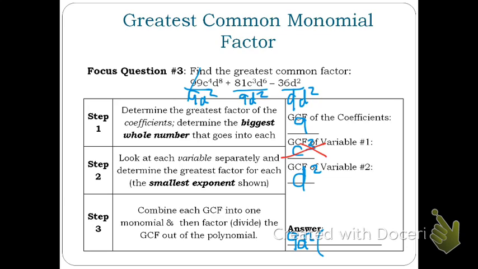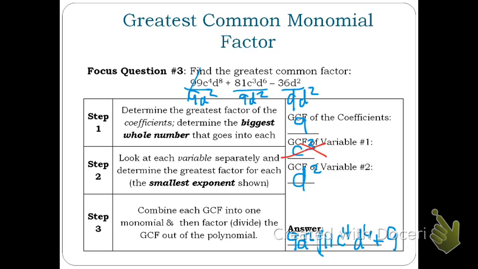99 over 9 is 11. C to the fourth, there's no c's below it, so all four c's stay. D to the eighth over d to the second would be equal to d to the sixth, plus 81 over 9 is 9.